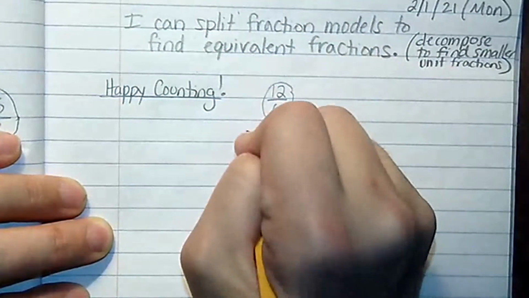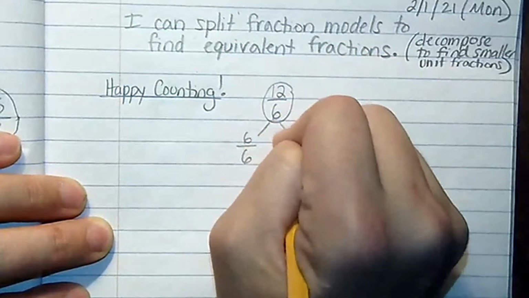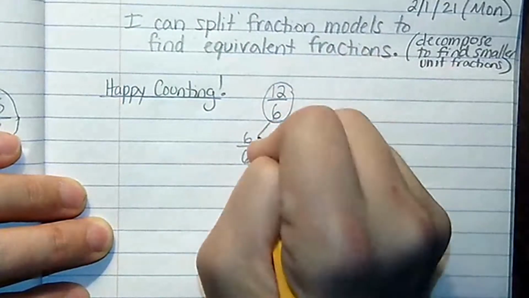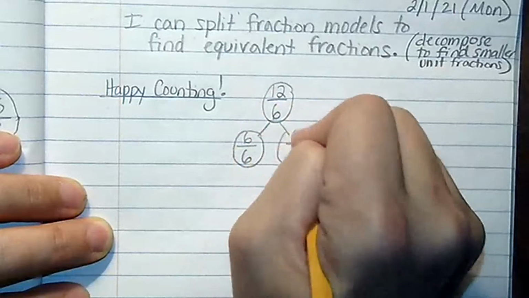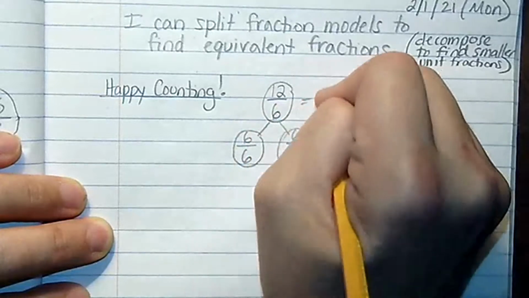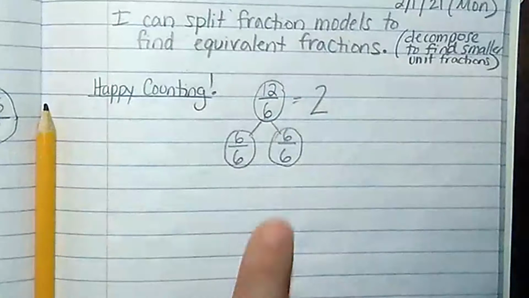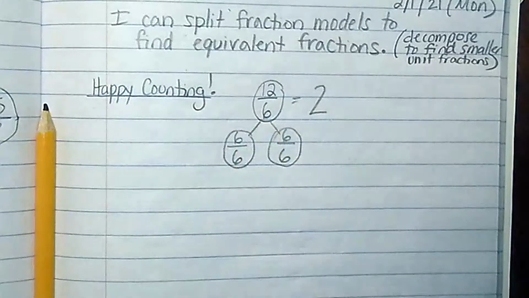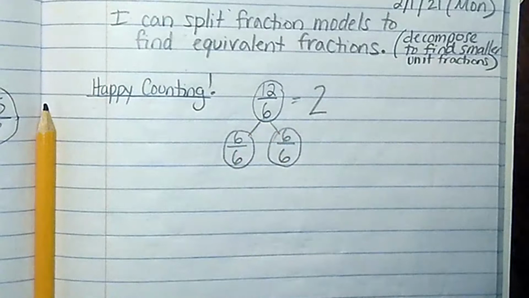Well, if I decomposed it into 6/6 plus 6/6 more, 12/6 would be equal to 2 wholes. So let's count one more time all the way to 12/6, but we're going to clap every time we get to a whole. Okay? Starting at 0/6. Ready?